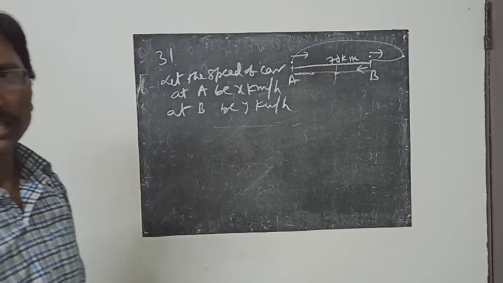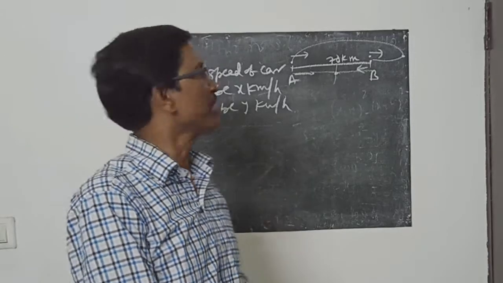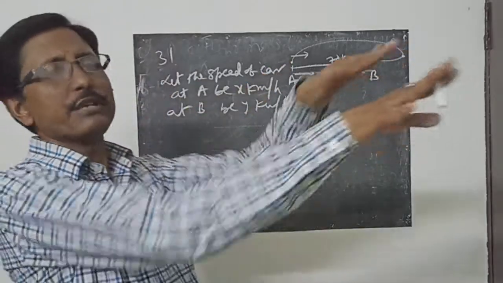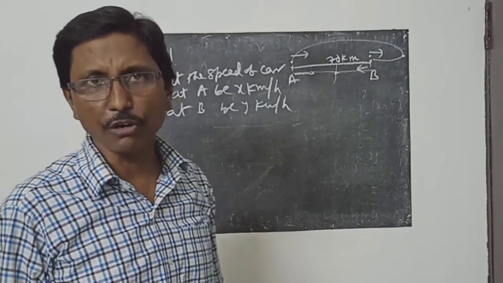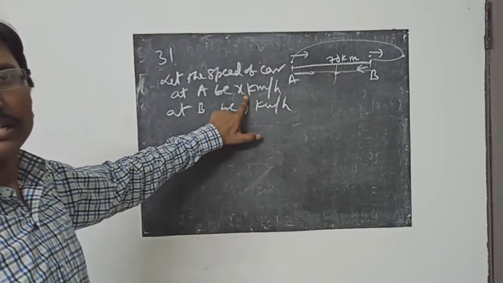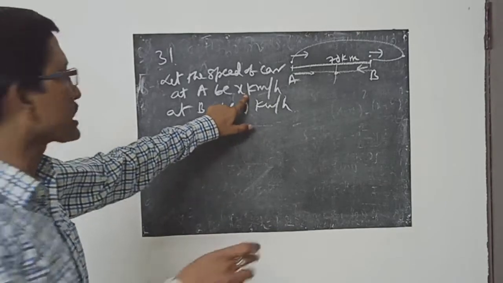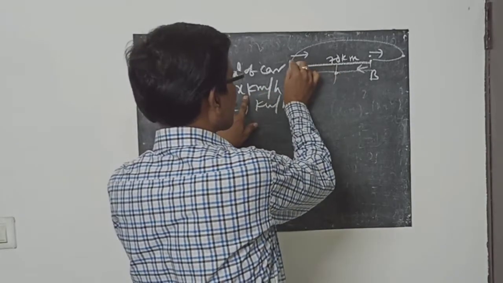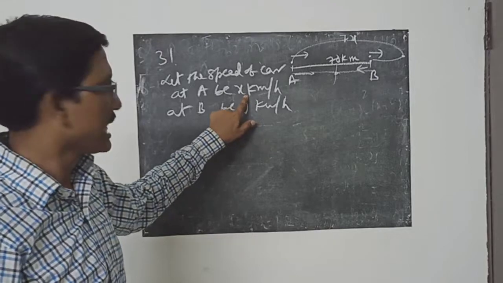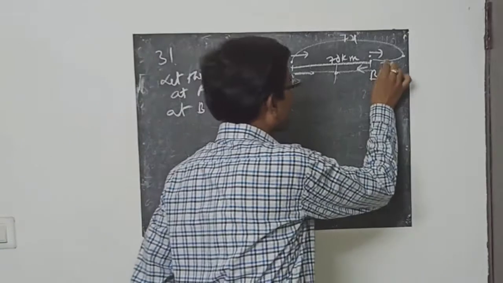That we have supposed. Now according to the condition, if A and B travel in the same direction, they meet in 7 hours. Its speed I have taken as x kilometer per hour, and they meet in 7 hours. So in 7 hours it will travel the distance, speed into time, that is 7x kilometer. And B will travel similarly 7y.